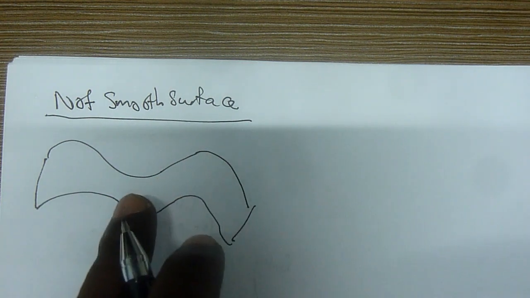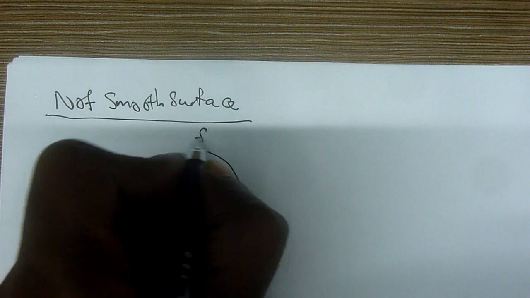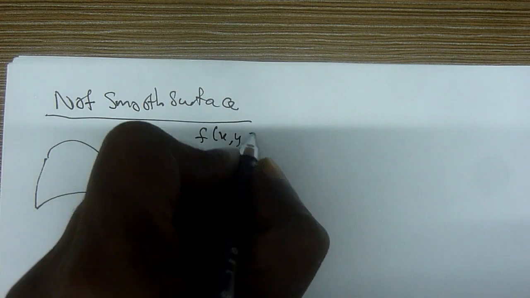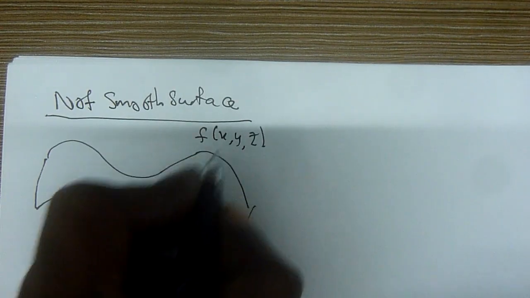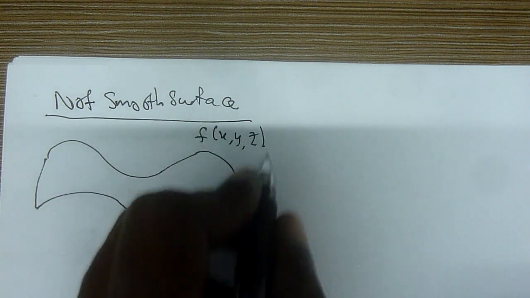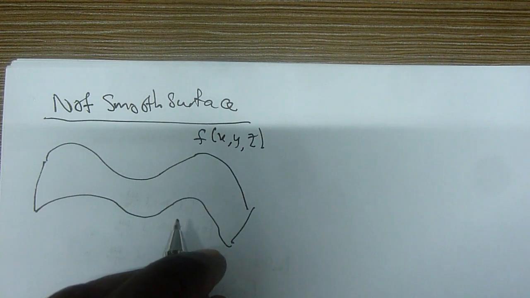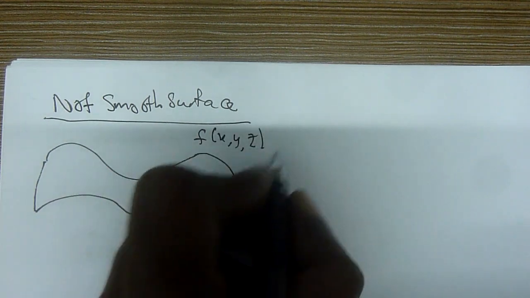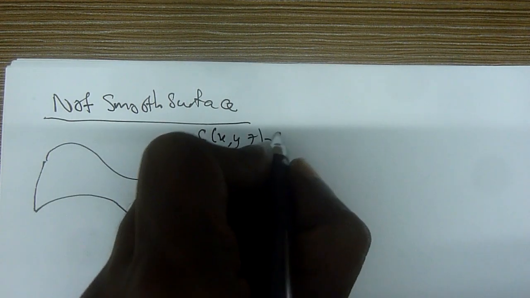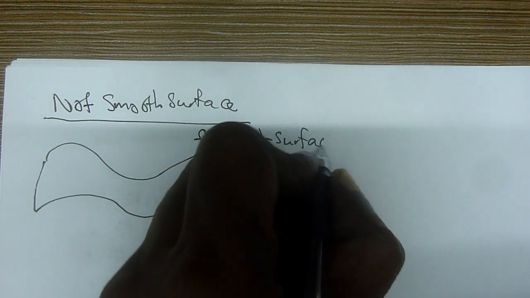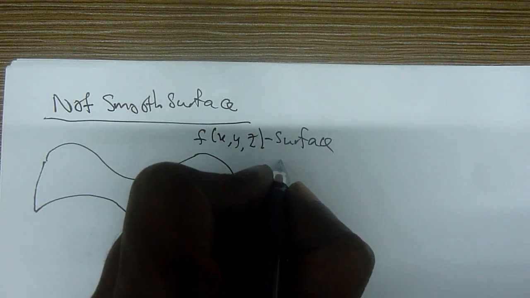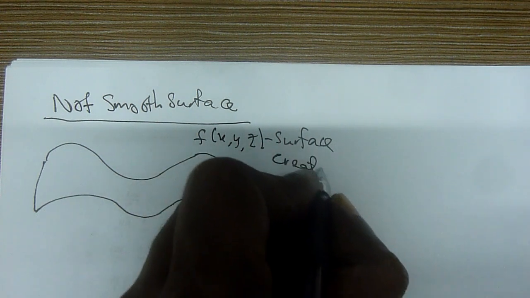First of all, you need to know there is a function called xyz, and based on this xyz the surface is created. That's what I want you to understand. Therefore, in another term, we call it the surface creator. Some students are really confused about this.